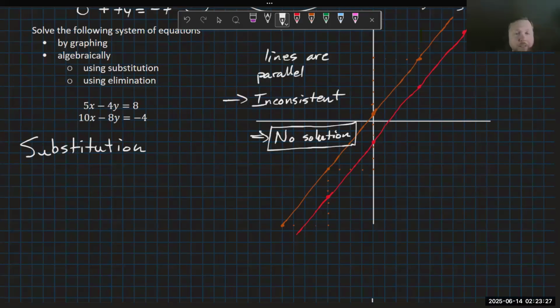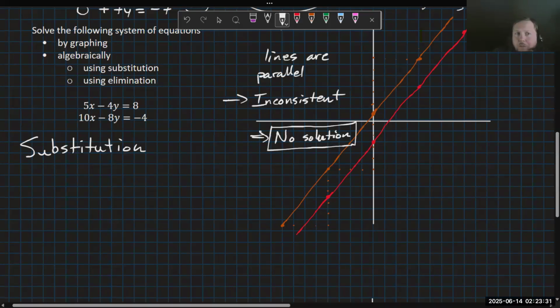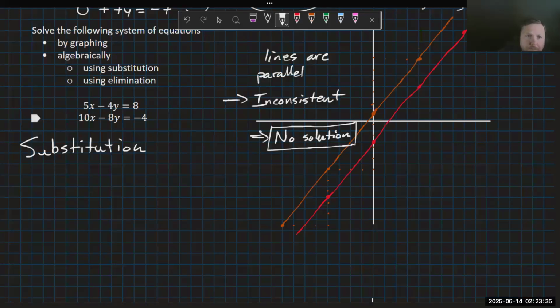So I could have, as I mentioned with the previous one, just used where I solved for y and just set those equal to each other. So let's go ahead and take the 5x minus 4y equals 8. I'm going to add the 4y to both sides. And then I'm going to divide both sides by 5.